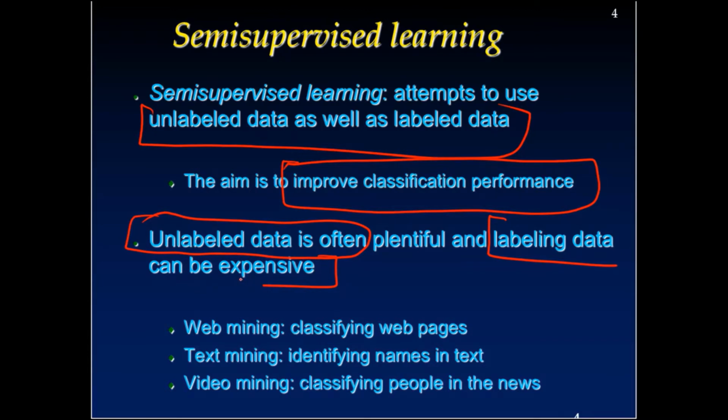But you have that handy for a very small section, and you have unlabeled data. You can just combine both. It's used in many areas: web mining, text mining, video mining. These are areas where you have very significant uses of semi-supervised learning algorithms.